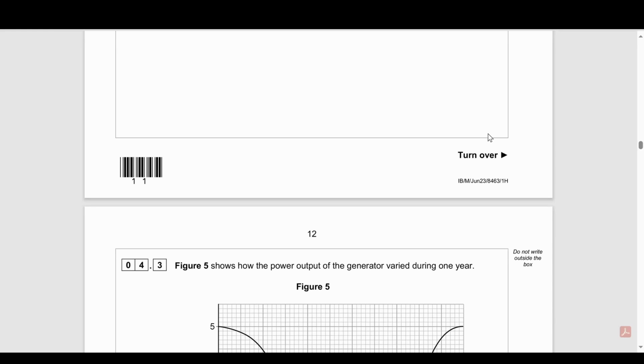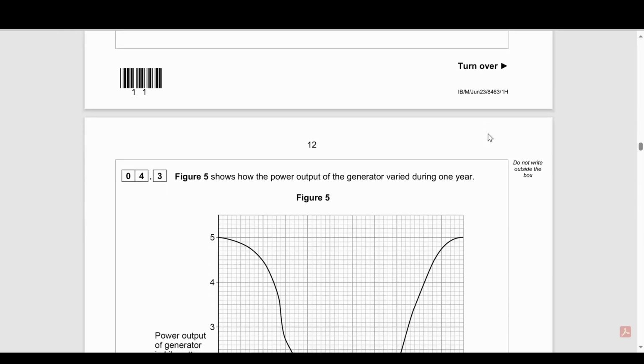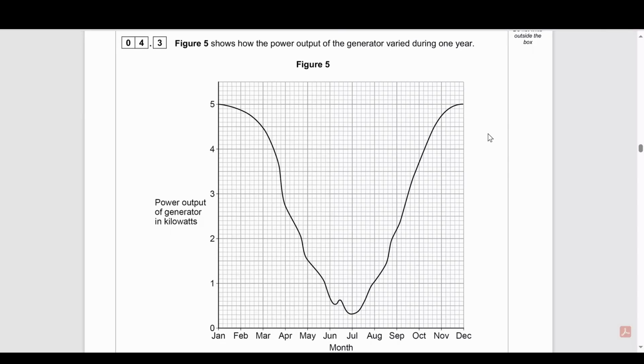Question 4.3. Figure 5 shows how the power output of the generator varied during 1 year. So let's analyze our figure. We've got the month on the x-axis. We've got the power output of the generator in kilowatts on the y-axis. The months in the year are given, so January to December.